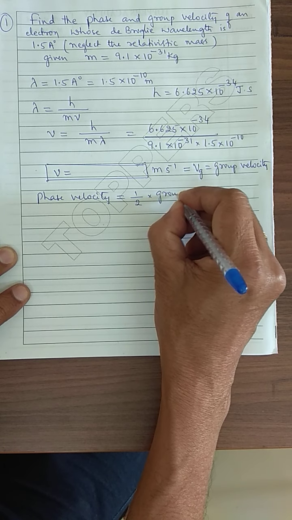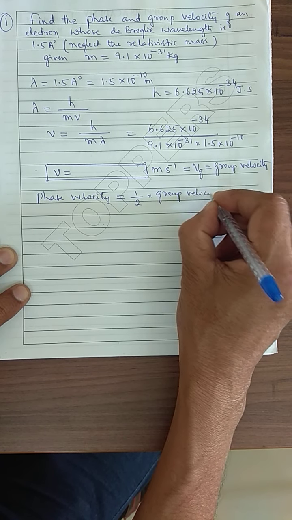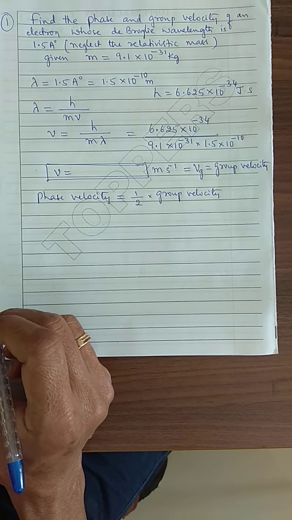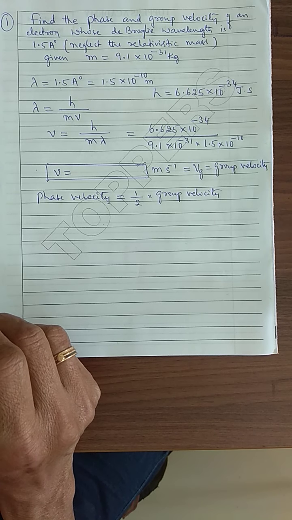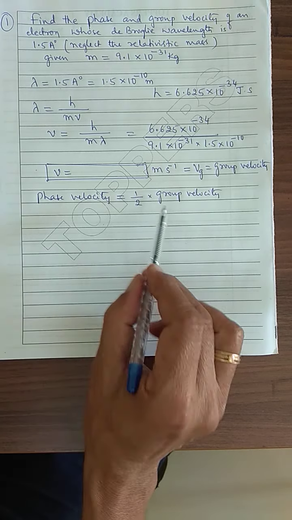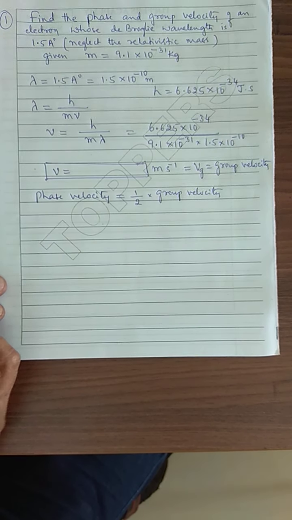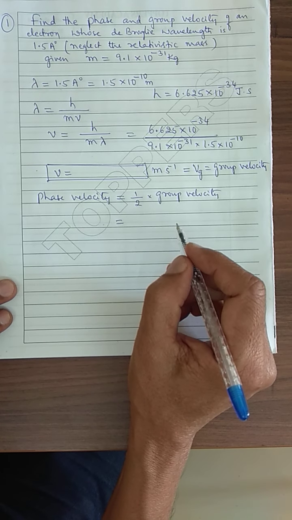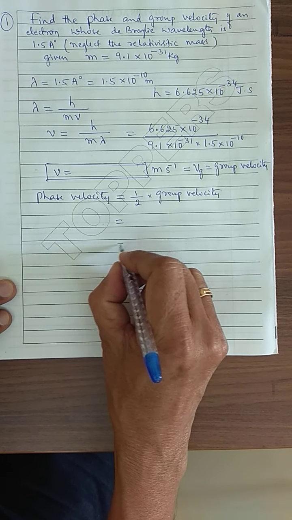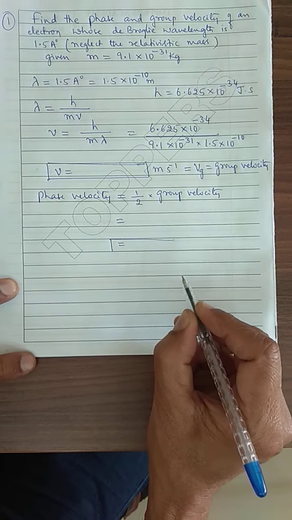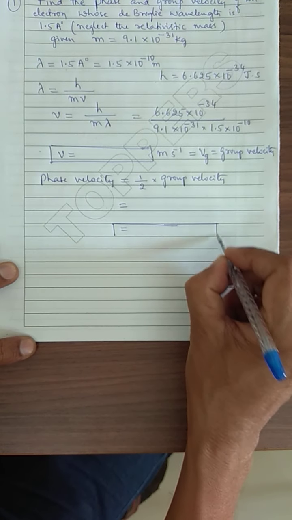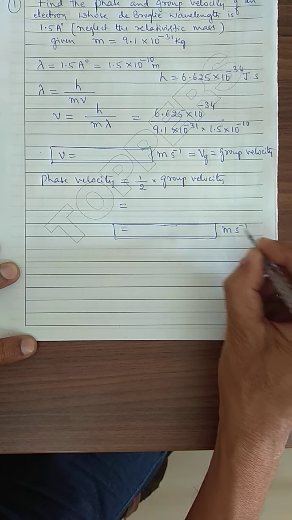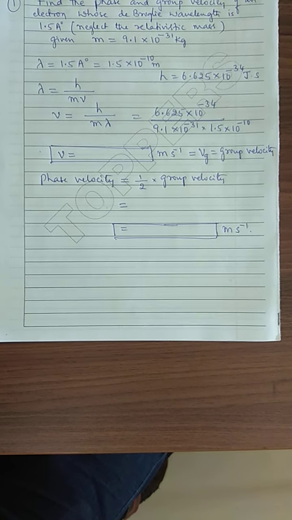Half into group velocity is the phase velocity. So substitution, calculation, you do it. So many meter per second. Do it fast, quickly.